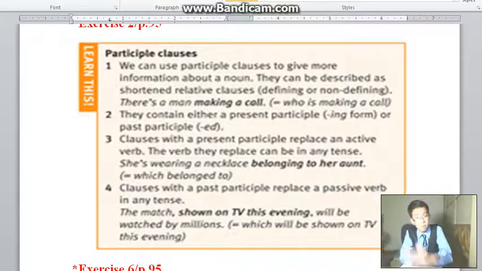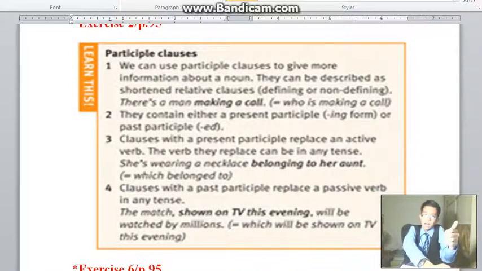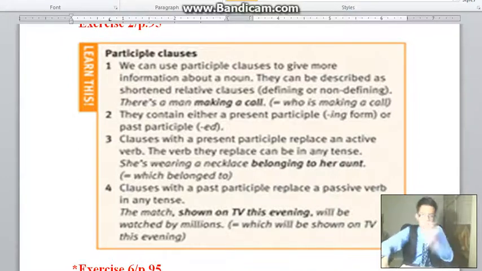Present participle means ing can be replaced by an active verb. The verb they replace can be in any tense. Example, when they say she's wearing a necklace which belonged to her aunt, which belonged to is the past simple.